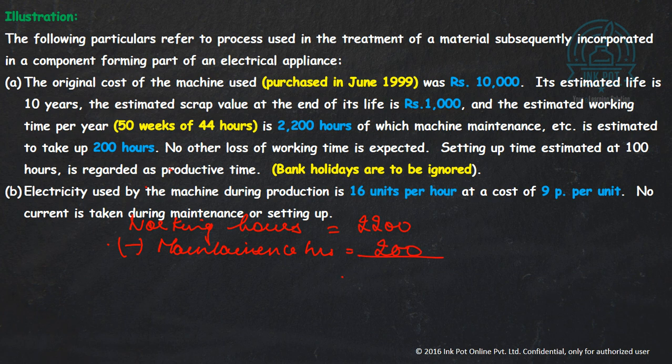So total working hours per annum is equal to 2000.